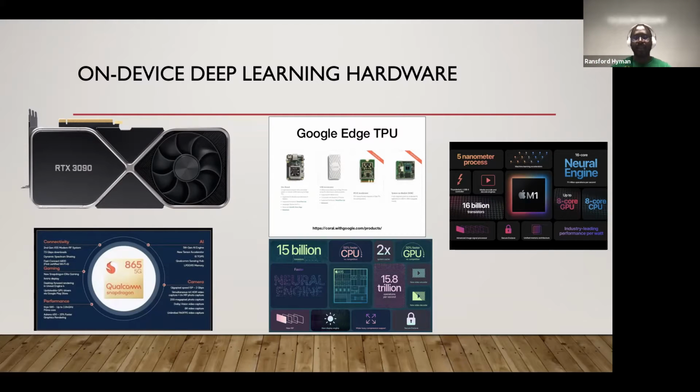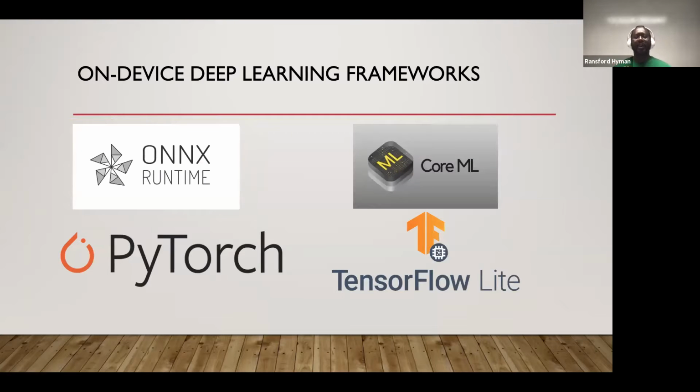Google has the Edge TPU, which is more for doing things on the edge, like Coral. Within my job, I like to keep track of the latest hardware and how we can maximize and utilize the capabilities of the things that they provide, as much as the knowledge that's given externally. And then there's the on-device machine learning frameworks.